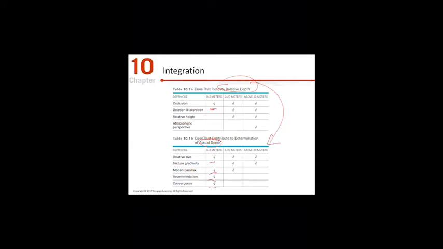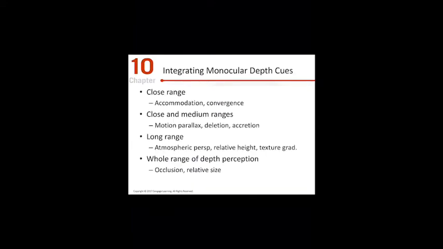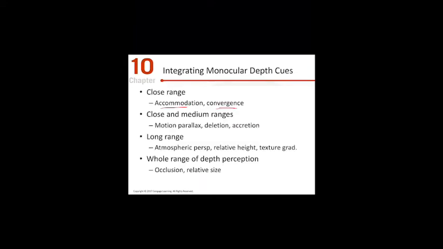And so if we are looking, for example, at close range, accommodation and convergence work the absolute best. But as you can see here, there are other cues that we use. For close to medium ranges, we're using motion parallax, and deletion and accretion. And then for long range, we're really relying on things like atmospheric perspective, relative height, and texture gradient.